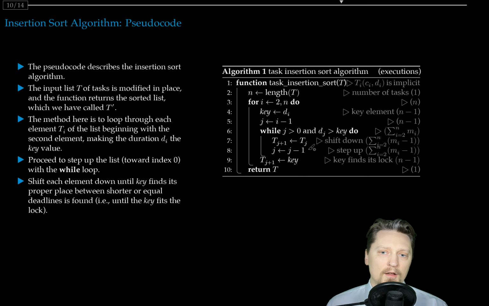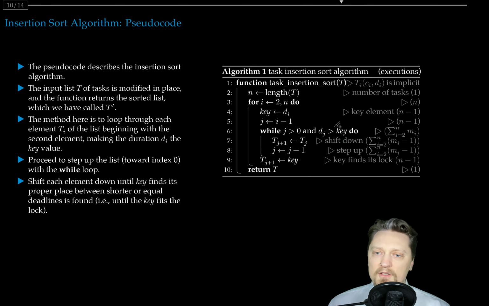So j minus 1 would be to step up our list with our index. We keep doing that where we shift down. Every time the duration of the task that we encounter is greater than the key, we're going to do this. We're going to shift that task down and effectively move our current task, the keyed task, up.